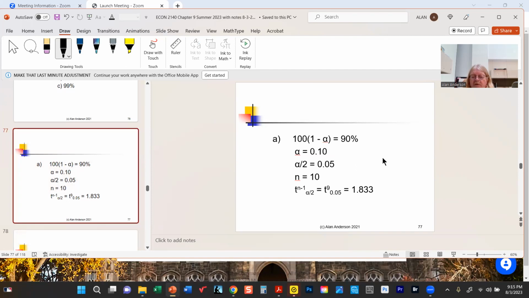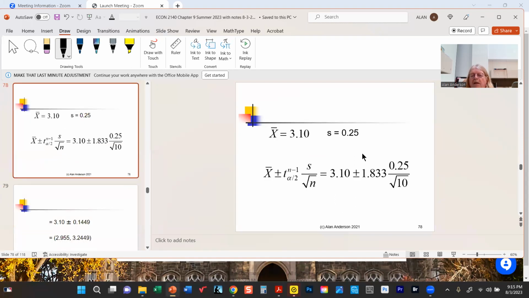So we've already looked this one up. With 90%, 5% in either tail, we're going to end up with a t-score of 1.833 with 9 degrees of freedom, that is. So you plug everything in, and of course, just calculate what you're seeing in front of you, and you'll get the right answer. So here's your margin of error, whatever that is.